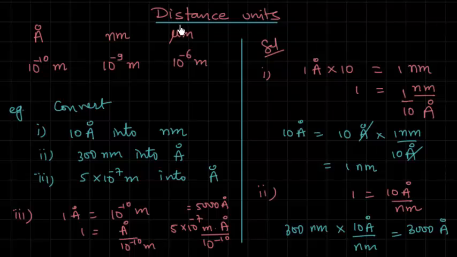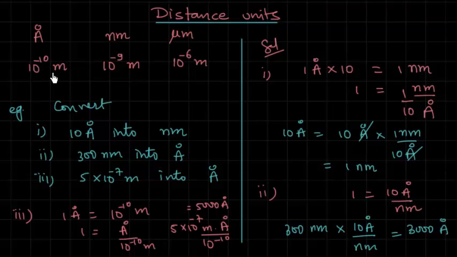Since in atomic structure we talk about distances which are very small, we need to introduce some distance units. Let's start with the Angstrom. Angstrom is 10 raised to the power minus 10 meter. Second is nanometer, which is 10 raised to the power minus 9 meter. Then there is micrometer, which is 10 raised to the power minus 6 meters. If you focus on this, you can see that if you multiply Angstrom by 10, you get nanometer.